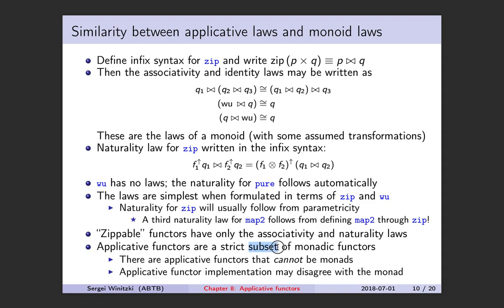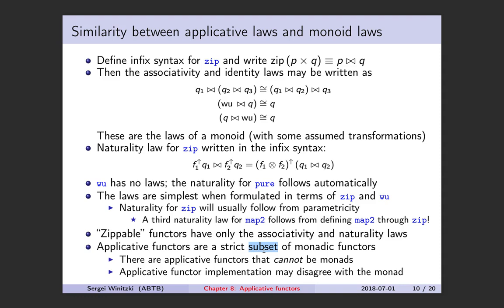This is actually a mistake. It's a strict superset. So there are strictly more applicative functors than monads. And another way in which applicative functors are a superset is that applicative functor implementation may disagree with the monad implementation of the function map2.